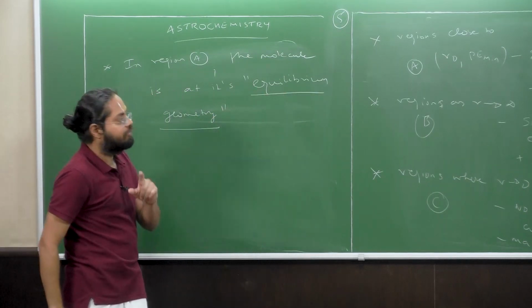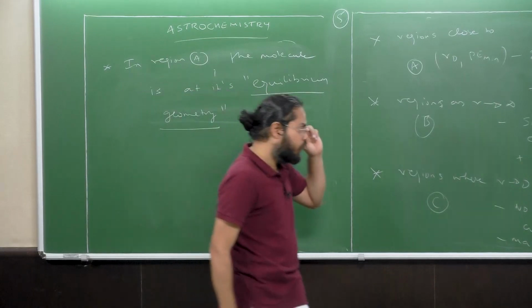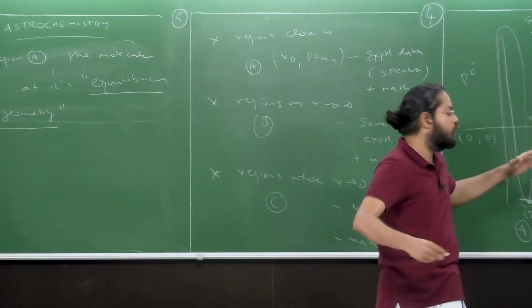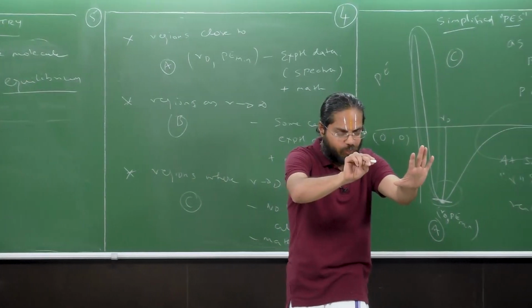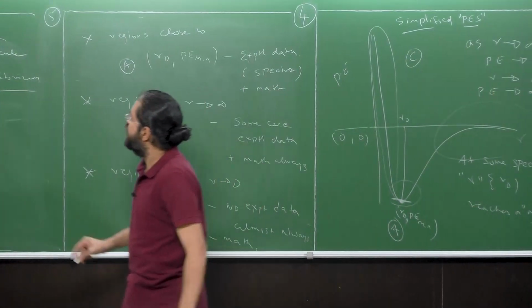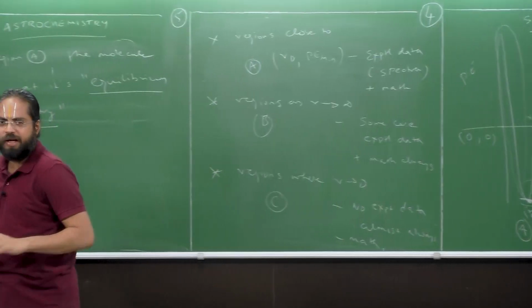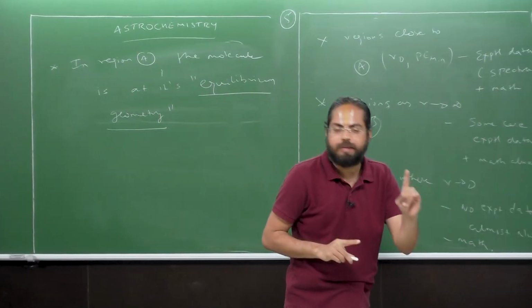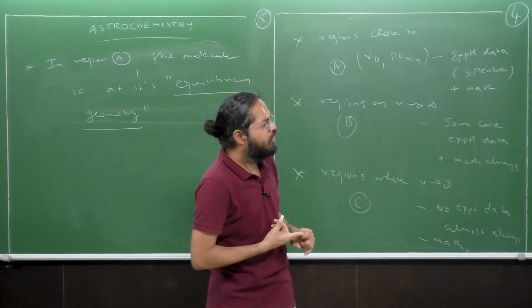Right? Equilibrium geometry. Notice that I never told you anything about the temperature or whether we subject the molecule to any light or anything like that so far. We're just saying that the molecule is at its equilibrium geometry at any given specified temperature T. I've not mentioned the role of the temperature at all here.